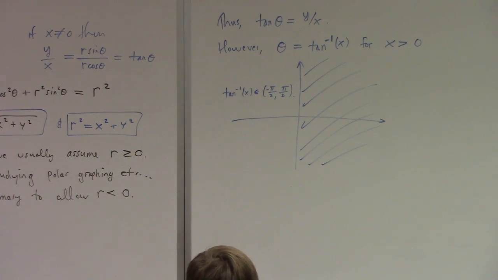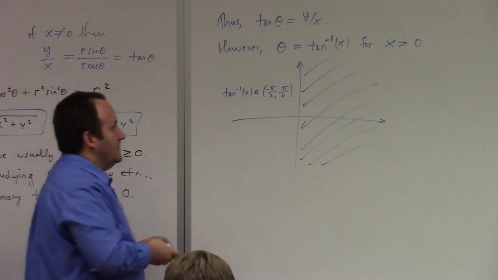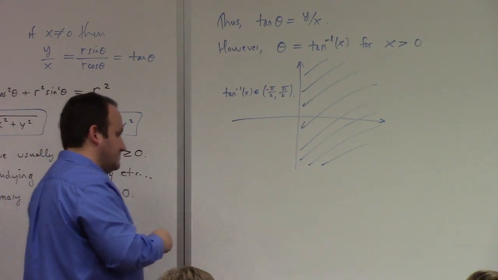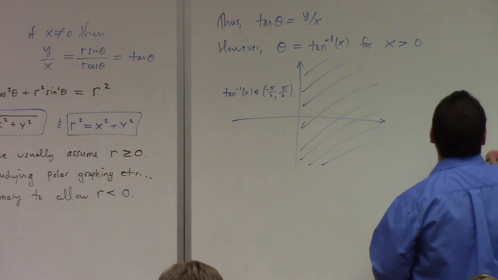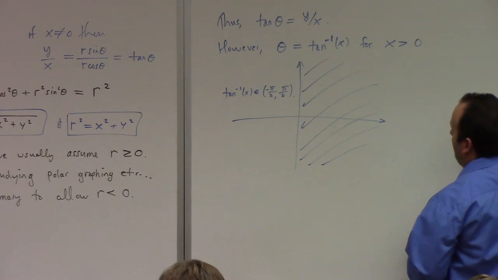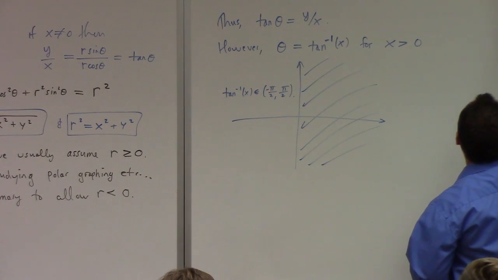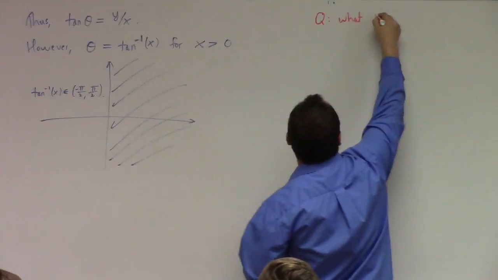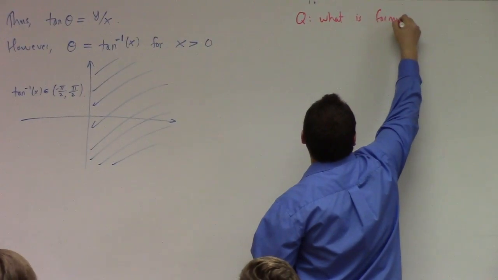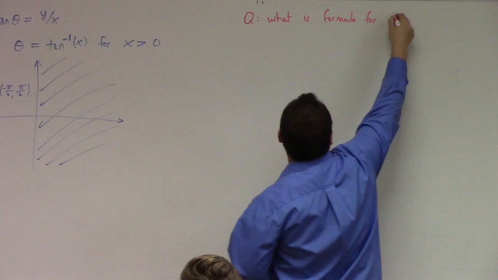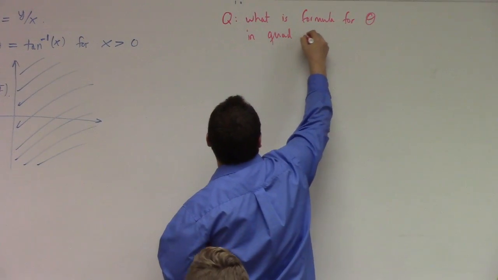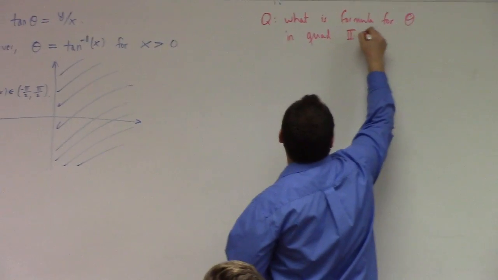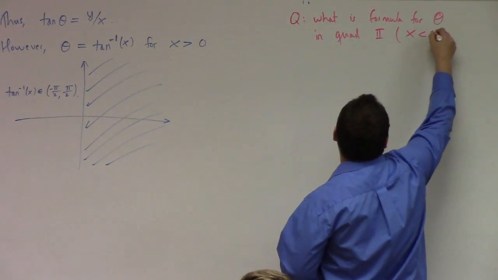What do I have to do? What would the formula be for theta in quadrant 2? That's where x is negative, but y is positive.